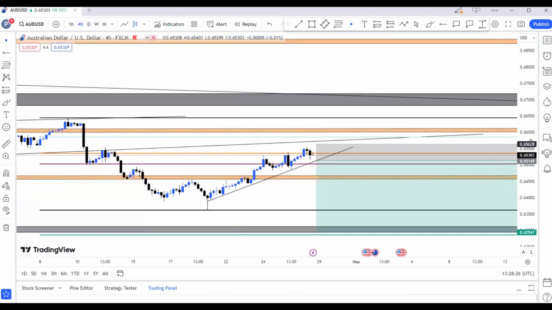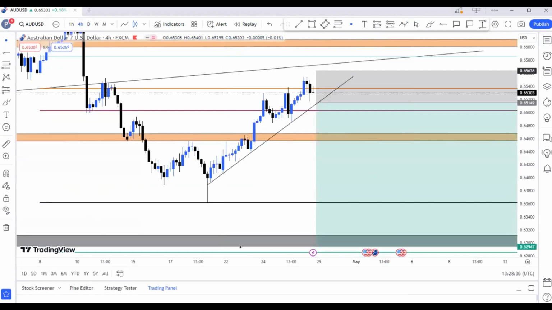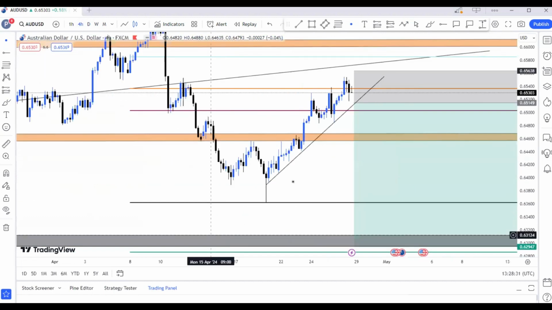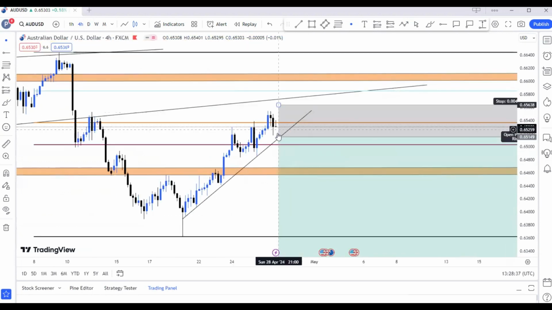4-hour is my entry time frame. I enter my trades on the 4-hour time frame. I have to wait for a 4-hour candle close below my counter trend before I jump on the trade. So on this one, I will still be waiting. Even though we have a bearish engulfing here, I will still be holding my hands, not until we clear this inner trend line that I drew here.